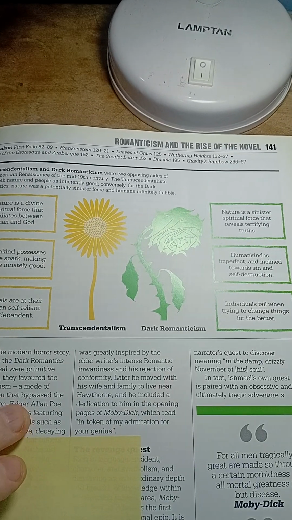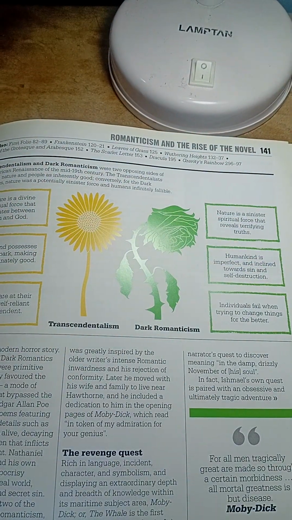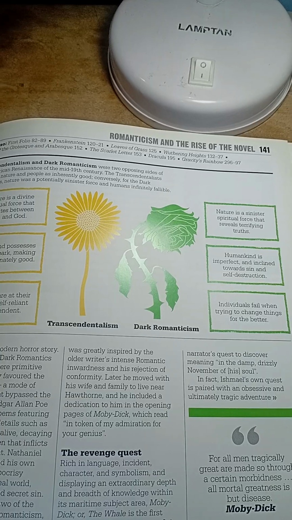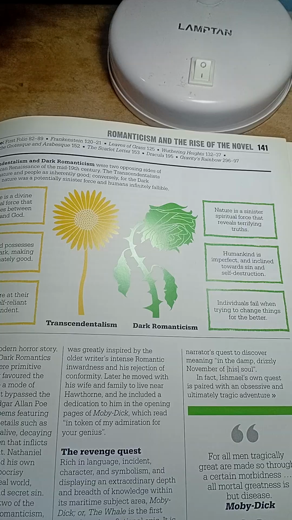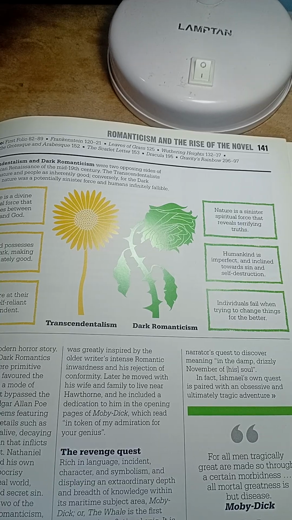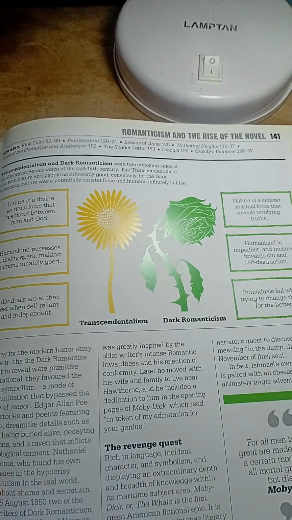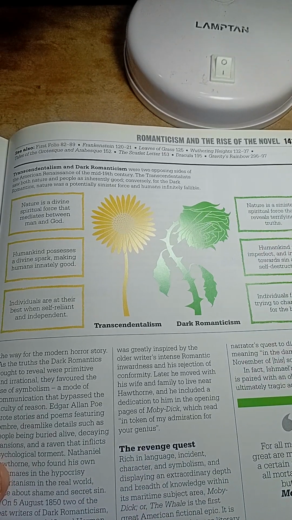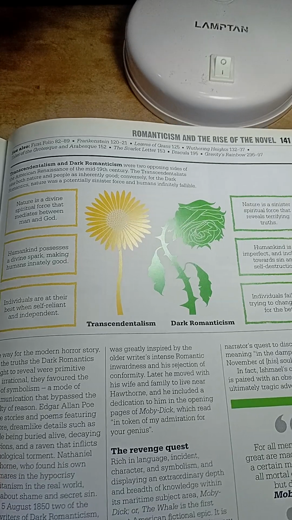This is contrasting transcendentalism with dark romanticism. I'm not sure if they are only thinking of American dark romanticism. You know, you think Hawthorne, Poe, of course, The Raven. So transcendentalism, right? Emerson, Thoreau, this kind of stuff, is nature. You've got the sunflower. Nature is a divine spiritual force meeting man and God.